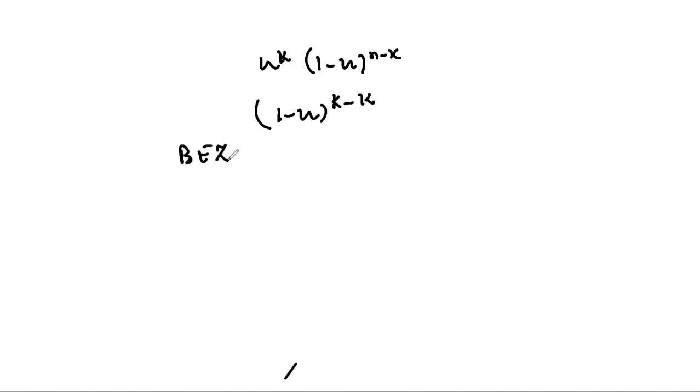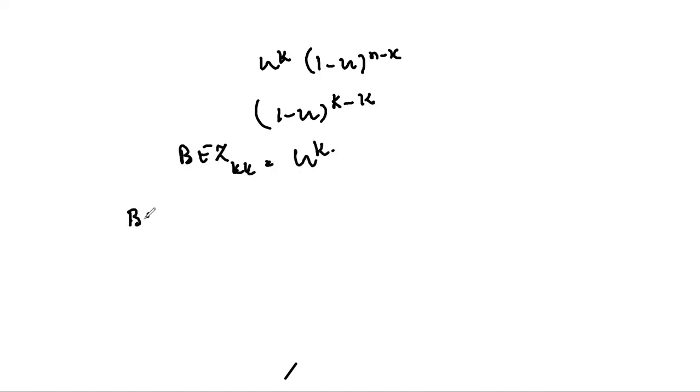Similarly, u to the power k in our first equation, the blending equation, remains u to the power k itself. Then let us take (1 minus u) to the power n minus k. Here k minus k is 0, and anything to the power of 0 is 1. So we get Bez k,k equal to u to the power k.